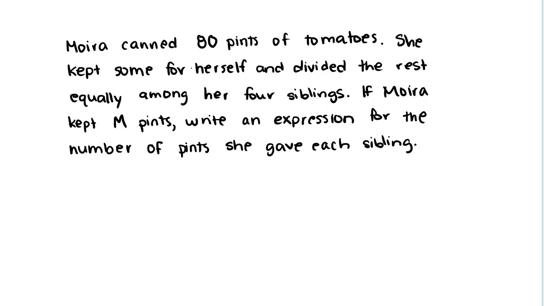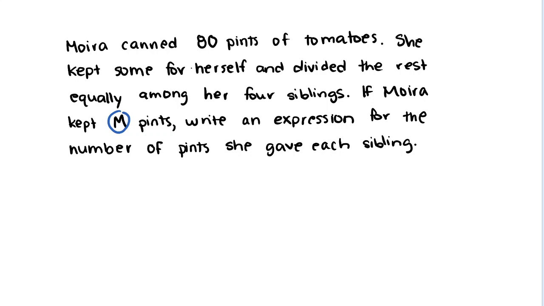It says, Moira canned 80 pints of tomatoes. She kept some of those pints for herself and divided the rest equally among her 4 siblings. And so here it says that if Moira kept m pints, so we have some unknown amount that she's keeping, we want to write an expression for the number of pints she gave each sibling.